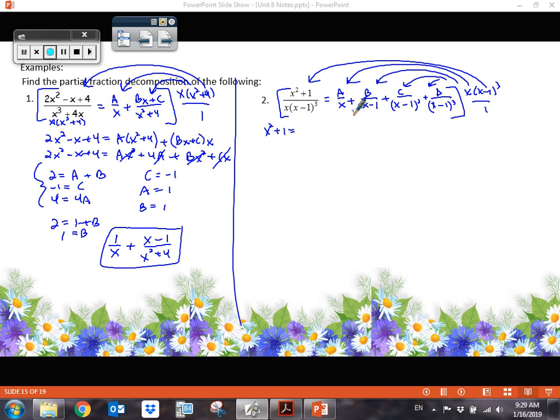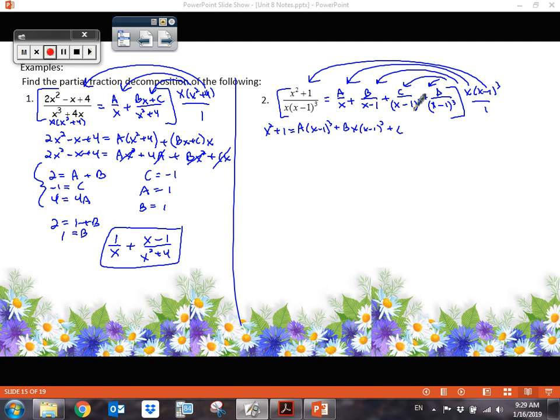So let's multiply the common denominator times this. So I have an x here. That x would go away. So I have a times x minus 1 cubed plus the b fraction. I have an x minus 1 there, so I'm going to need the x and the x minus 1 squared.